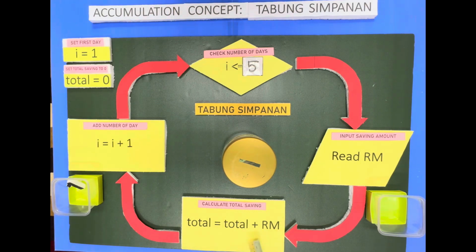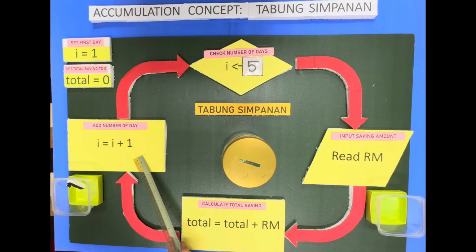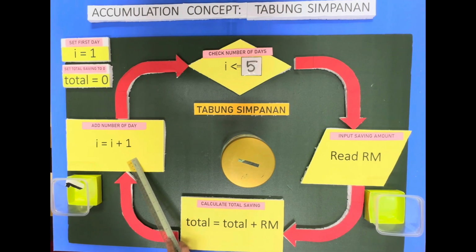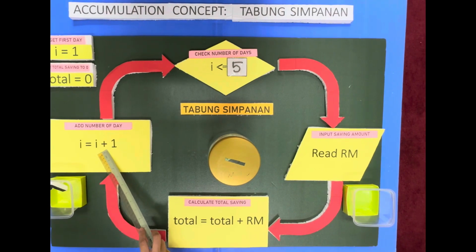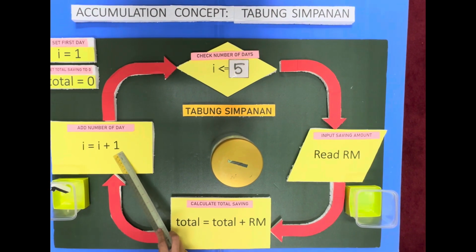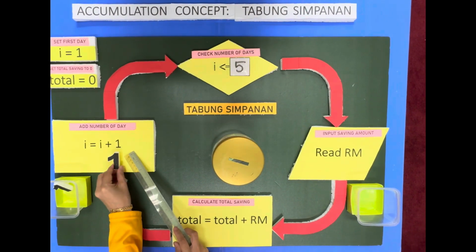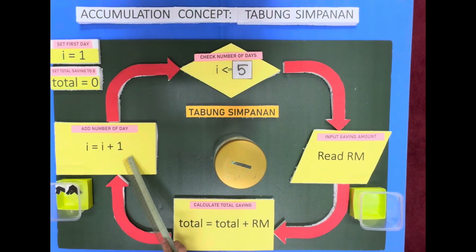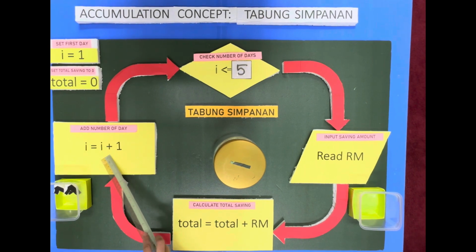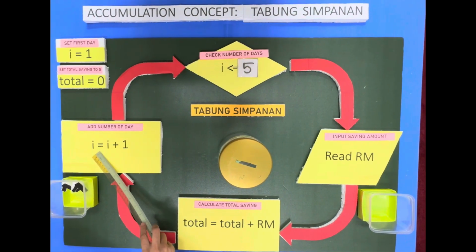After we accumulate our total, we go to our next process, which is to add the number of days. The value of day is 1. We add 1 for another day, for our second day. So I goes from 1 plus 1, assigned to 2.